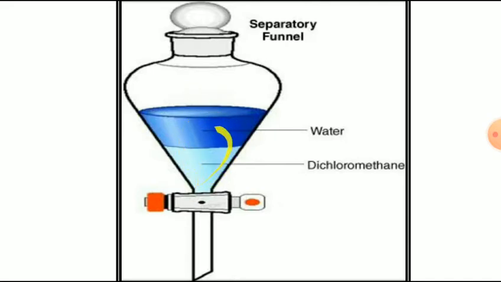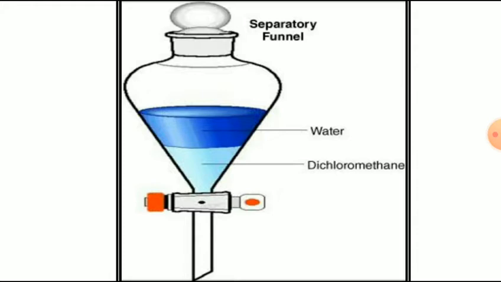When the distributed sample component goes into the dichloromethane layer, we mix and keep it standing, then take out the lower organic layer from the separating funnel through the separating tap. In this way we can separate the sample component from the water into the organic phase.